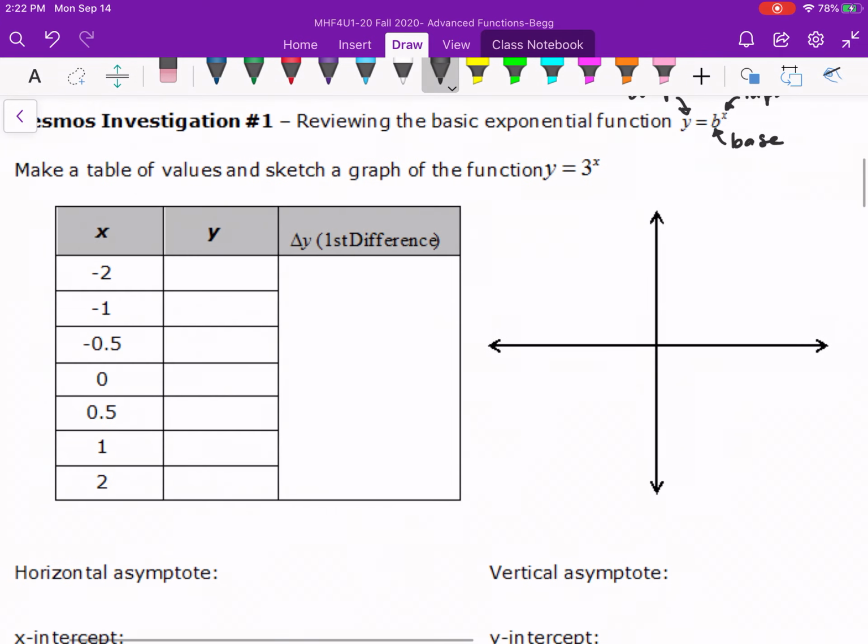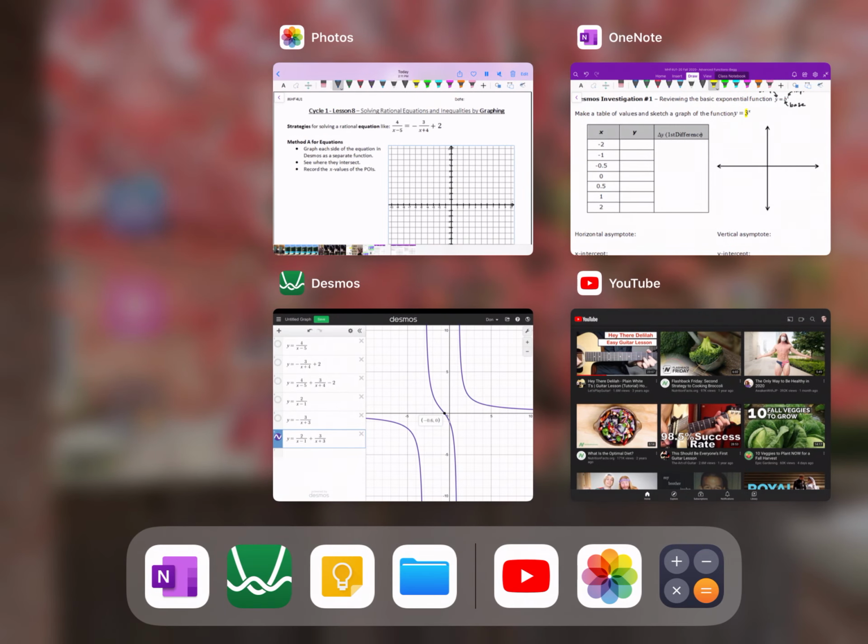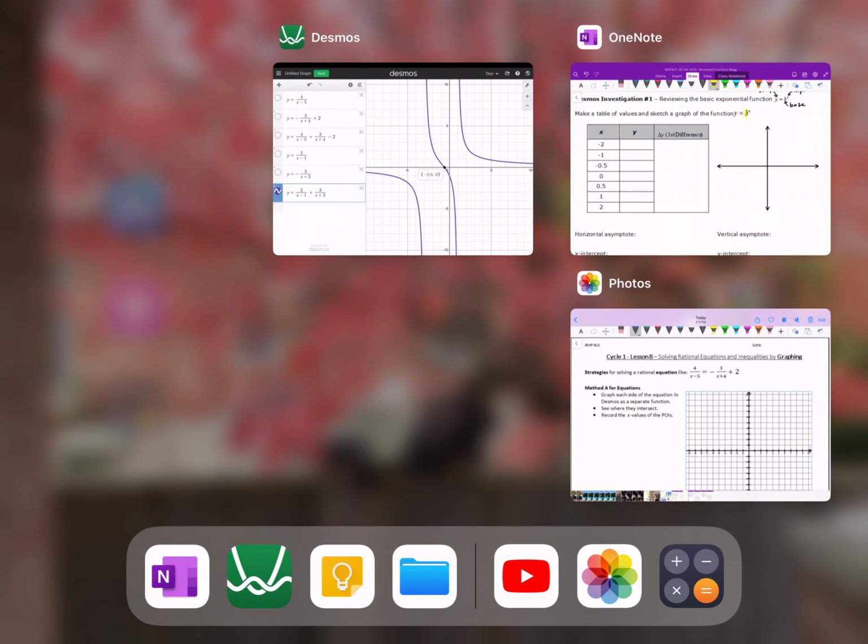Make a table of values and sketch the graph of the function y equals 3 to the x. So in this case, we're talking about something tripling here because the base is 3. Well, let's start actually just by graphing it in Desmos. Let's get rid of a few things here.